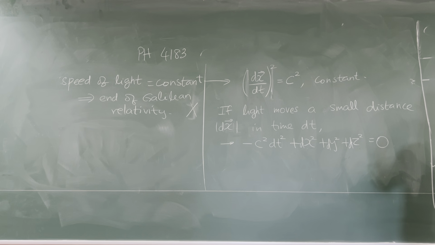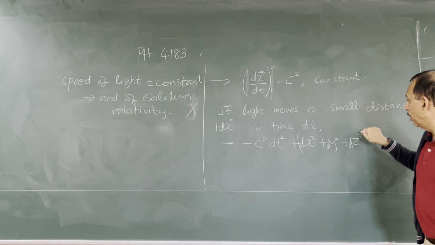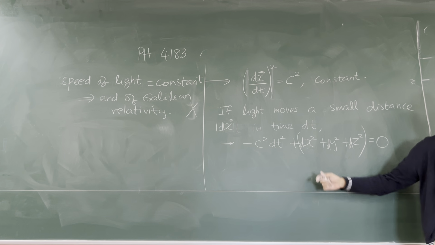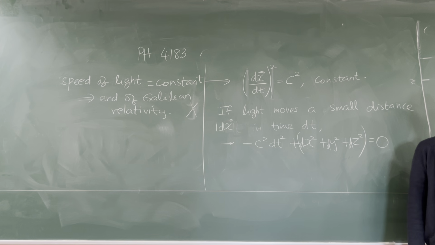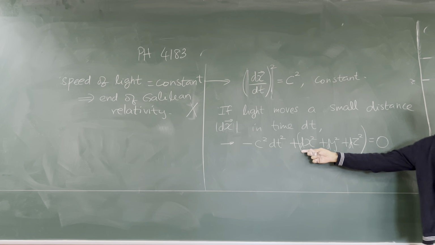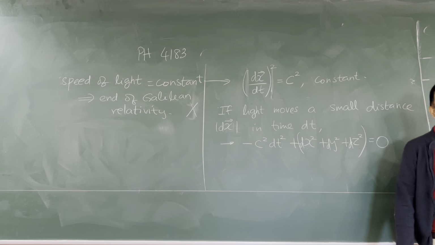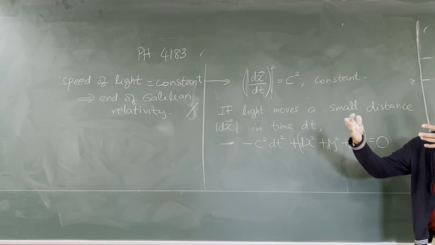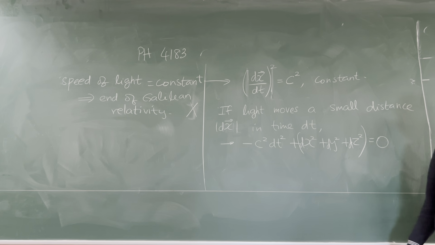It doesn't move anywhere, it just rotates. Now you can see from this equation that this quantity is invariant under rotation. This is nothing but what we call dr squared, where r is the radial vector, and so it's completely unchanged by rotation.